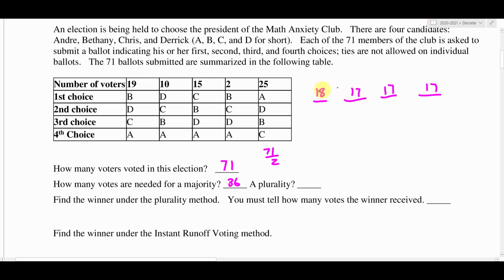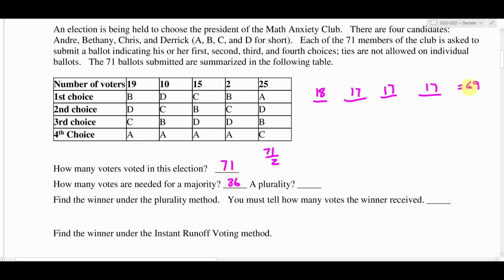Because if they did, then they would either have as many votes or more than the person that I'm trying to make the plurality winner here. So if this one is my winner, then the other 3 can't have any more than 17. Now when I add up all of these votes, if I do 18 plus 17 plus 17 plus 17, I get 69 total votes. But remember, we had 71 people voting.